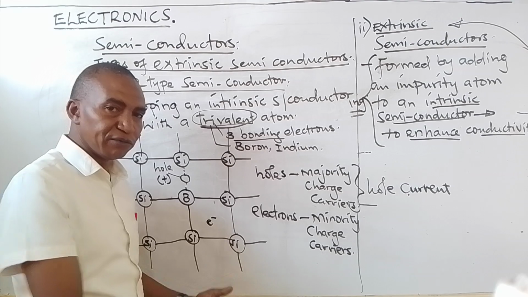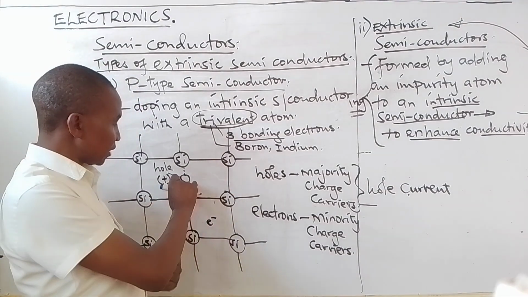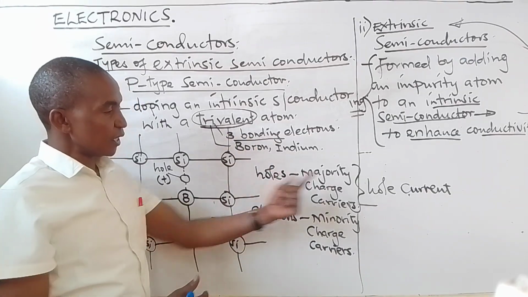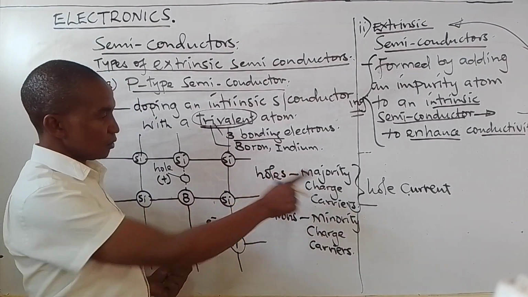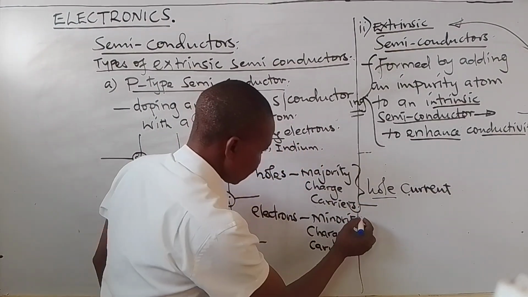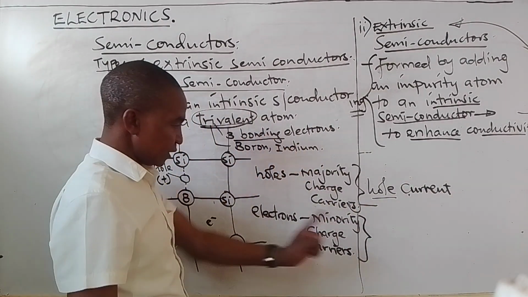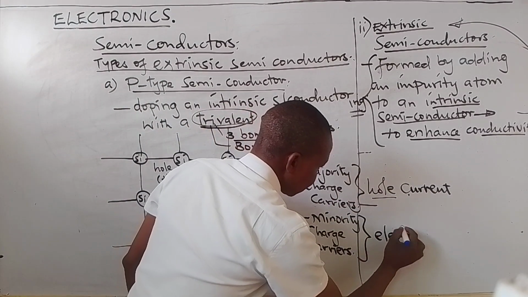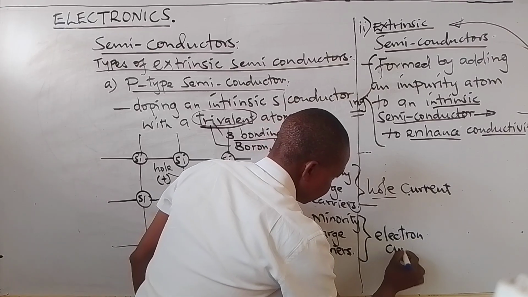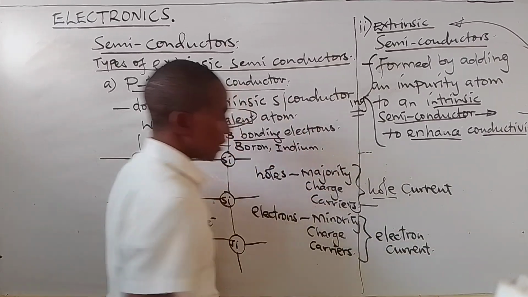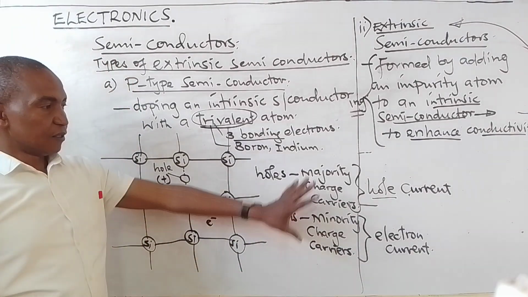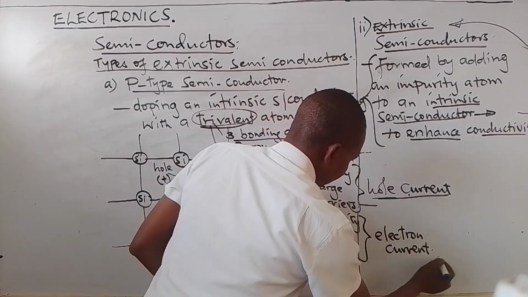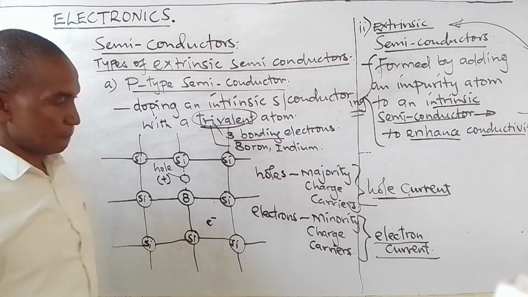So as the holes move, we shall see that when we look at the crystal in terms of electrons and holes, that flow of holes causes the hole current. These few thermally generated electrons will also move, constituting what we call electron current. So in a p-type semiconductor, the current that flows is a combination of the hole current and the electron current.